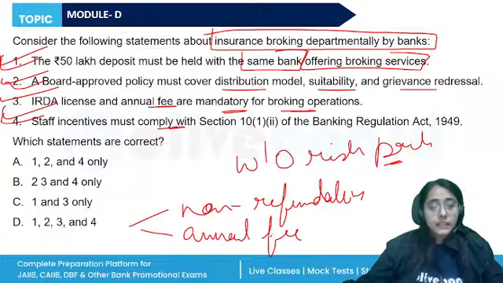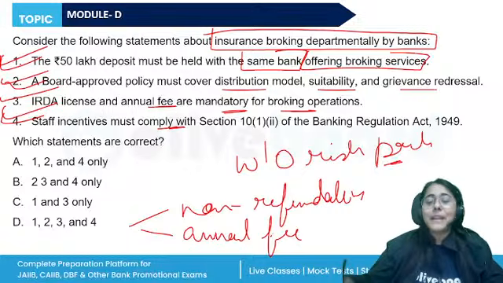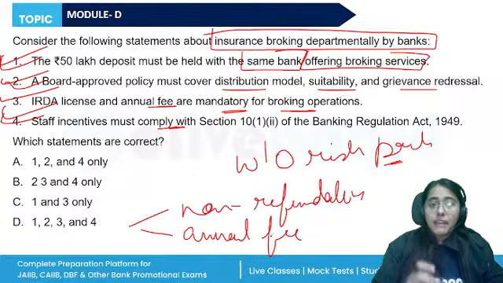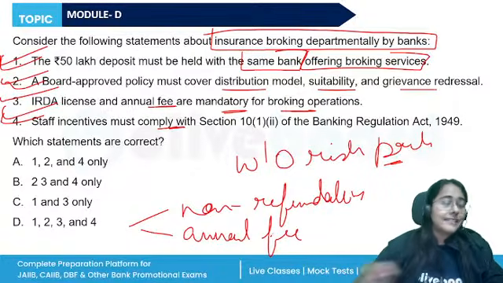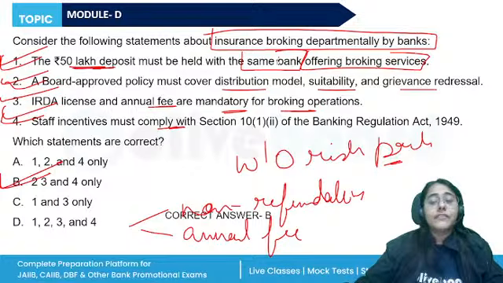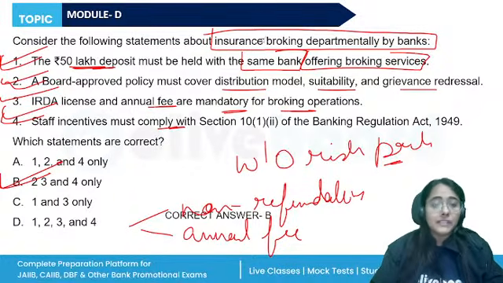All right. This deposit of 50 lakh rupees is to be maintained by an insurance broker with another scheduled commercial bank other than itself. Yes, the correct answer is B. 2, 3, and 4. The 50 lakh deposit will be held by some other scheduled commercial bank. They cannot keep it with themselves. And there will be a lien on that deposit.